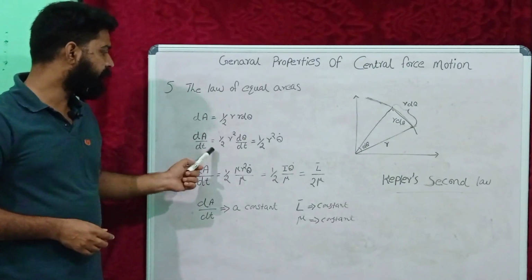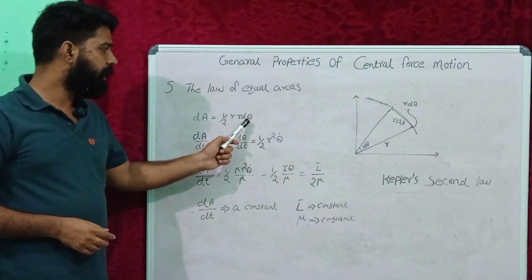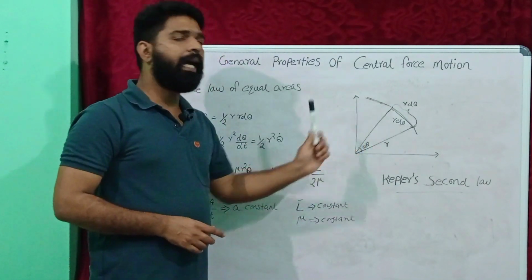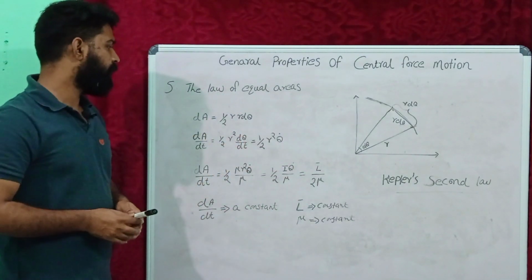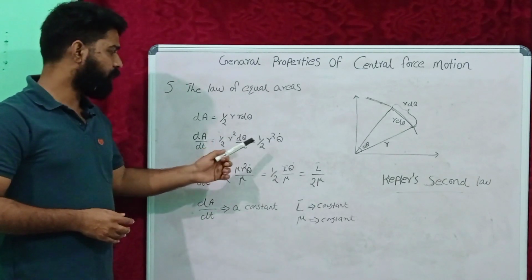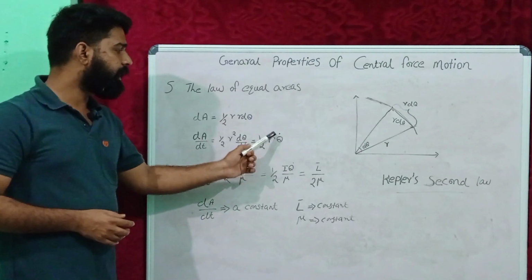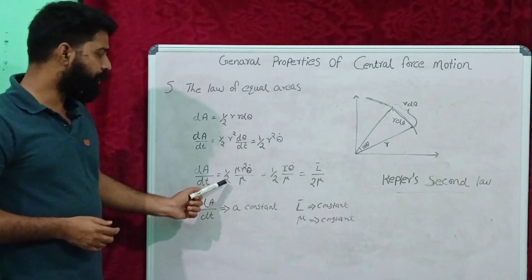Then dA by dt is equal to 1 by 2 r squared d theta by dt. The variable is theta because r is constant, and with respect to time the angle will change. So 1 by 2 r squared d theta by dt can be represented as theta dot, and dA by dt is equal to 1 by 2.